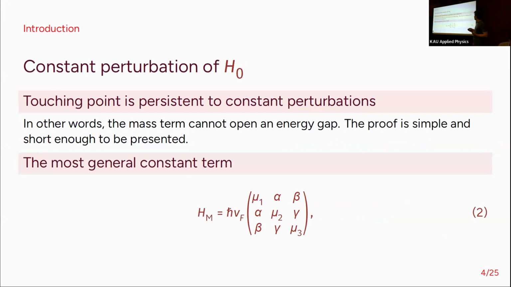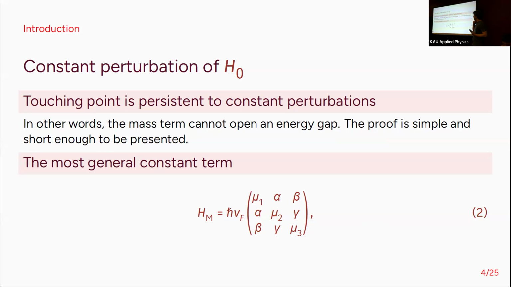To investigate the finite size effects and the surface of this material, one of the ways to do it is to model the abrupt surface between the semimetal and, for example, a gapped material, vacuum or insulator. To model the gapped material, we would like to open an energy gap.